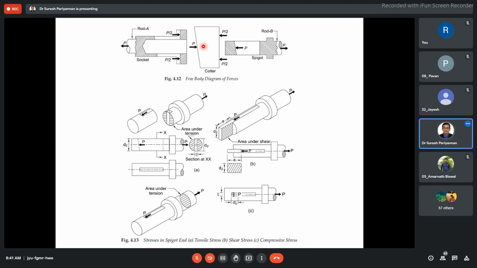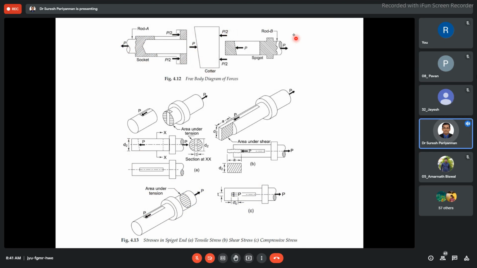But here, the horizontal force must be equal to 0. While considering this component in the socket, the horizontal force components acting in this quarter must be equal to 0.